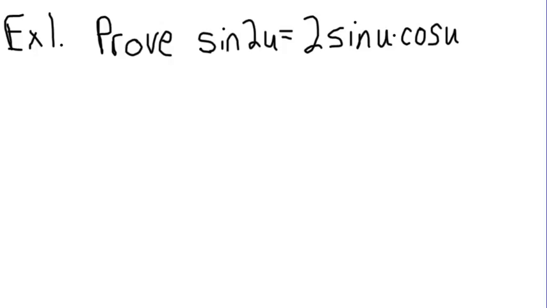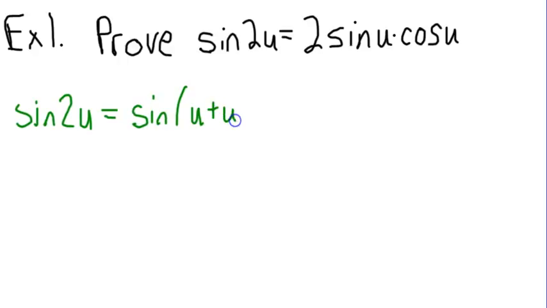Example 1, we want to prove that the sine of 2u equals 2 times the sine of u times cosine u. So we're trying to prove one of those double angle identities you just went through. We actually have to use an identity from 5.3, the sine of a sum, to go through this proof. So if we start with the left side, the sine of 2u, we can rewrite that as the sine of u plus u.